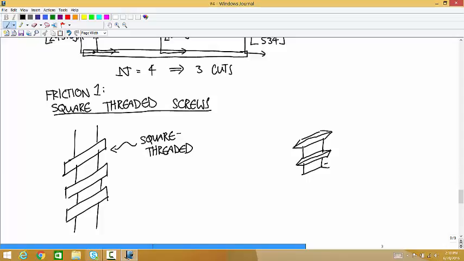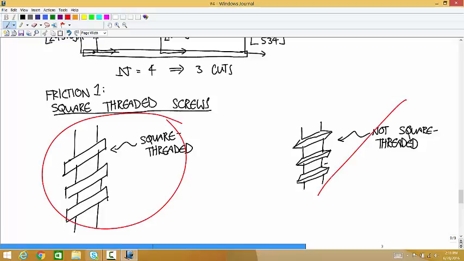You follow what I'm getting at? So we're going to do these, and we're not going to do these.